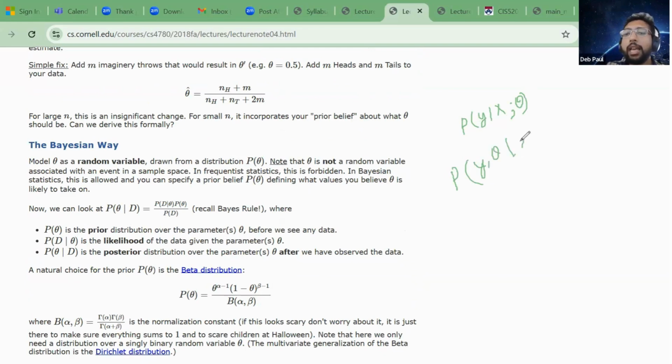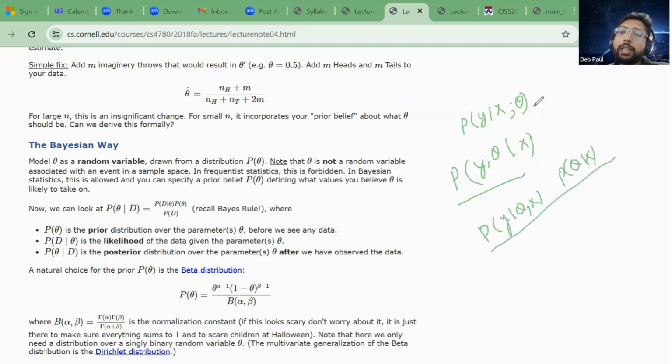So how do I do this? This is nothing but p of y given theta comma x, and then p of theta given x. This is how I can break it.